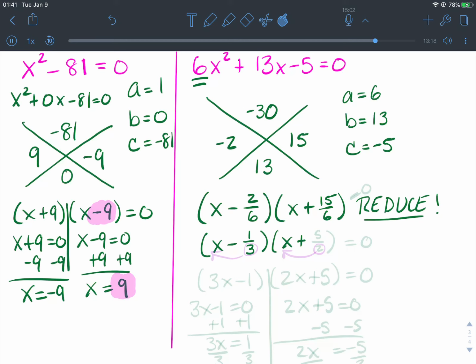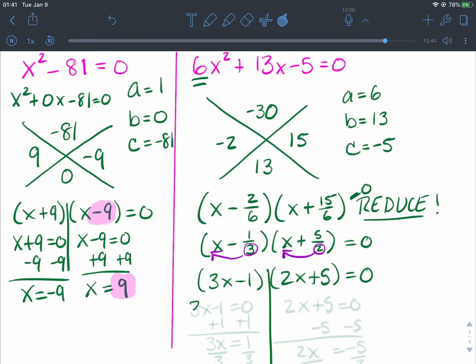On the other side, 3 goes into 15 5 times, and 3 goes into 6 twice. So here we can take the bottom number and move it in front, and we get 3x minus 1 and 2x plus 5 equals 0. Forgot those.